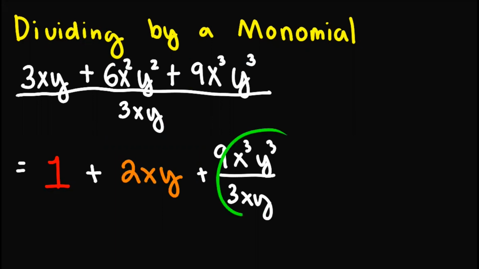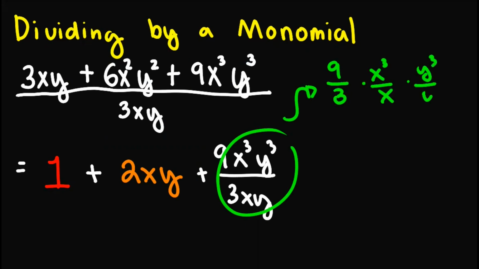Lastly, we have this one. This one simplifies into, let's write it here, 9 over 3 times x cubed over x times y cubed over y, which is equal to 3x squared y squared.